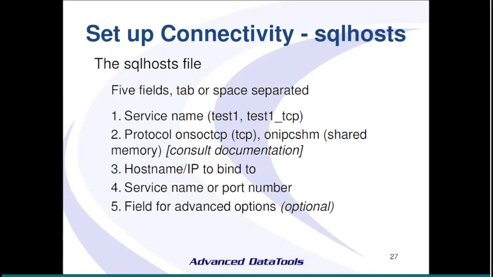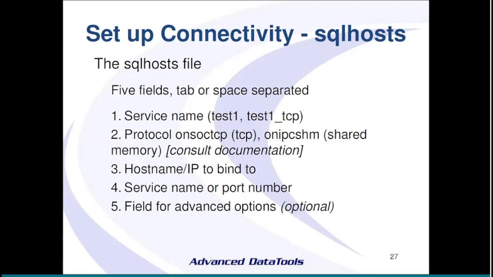So it's a standard network connection. Or onipcshm, which is a shared memory connection. That's what your local connections will be. If you're running on other operating systems, some of the other Unixes have slightly different ones, so consult your documentation.